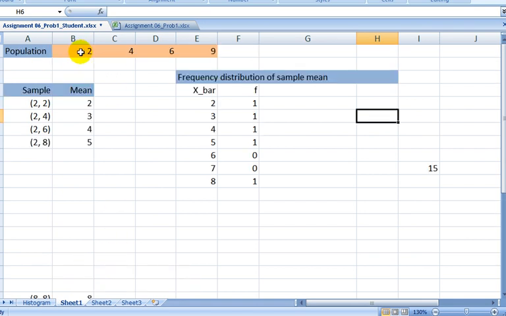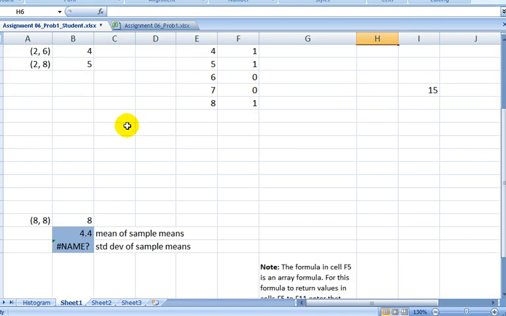The population mean is 2 plus 4 plus 6 plus 8 divided by 4, and this value over here should be the same as that. You can also calculate the standard deviation based on these numbers here. This is not going to be the same as the population standard deviation. It's actually going to be smaller.